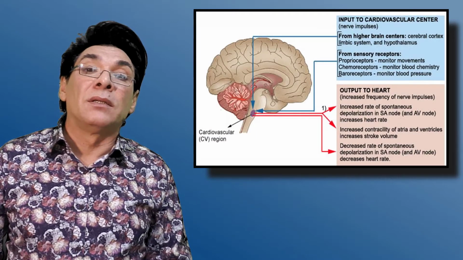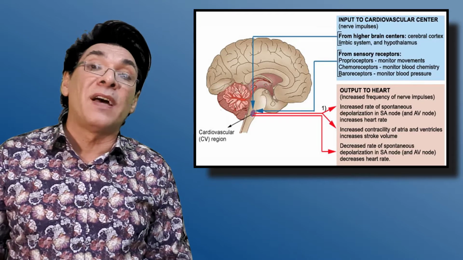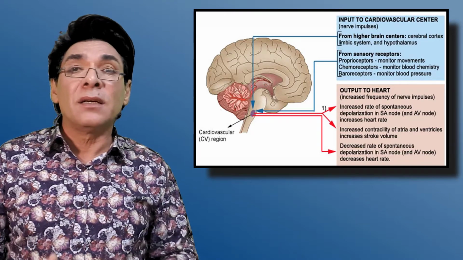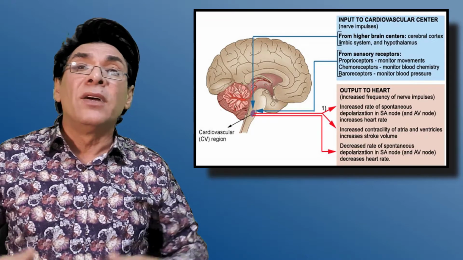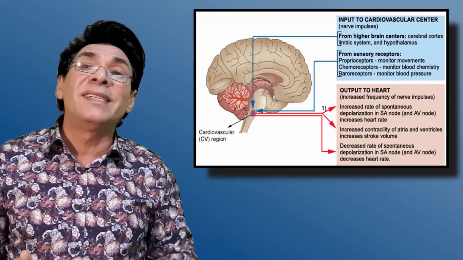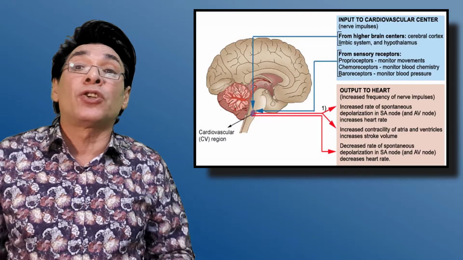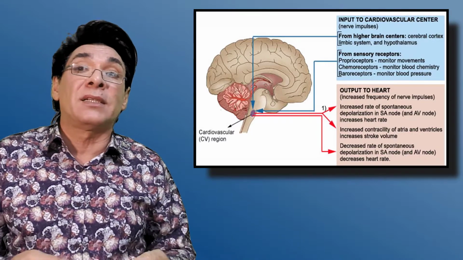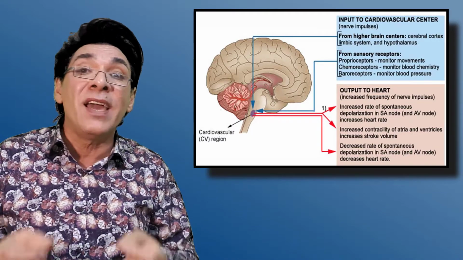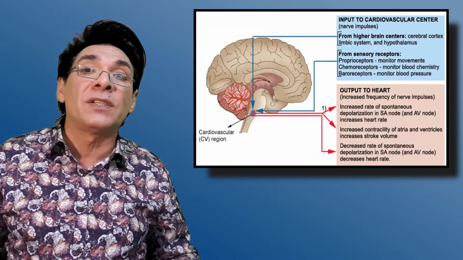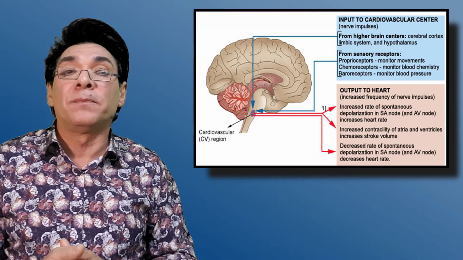Input to the cardiovascular center. The cardiovascular center receives input from a series of visceral receptors with impulses traveling through visceral sensory fibers within the vagus and sympathetic nerves via the cardiac plexus.